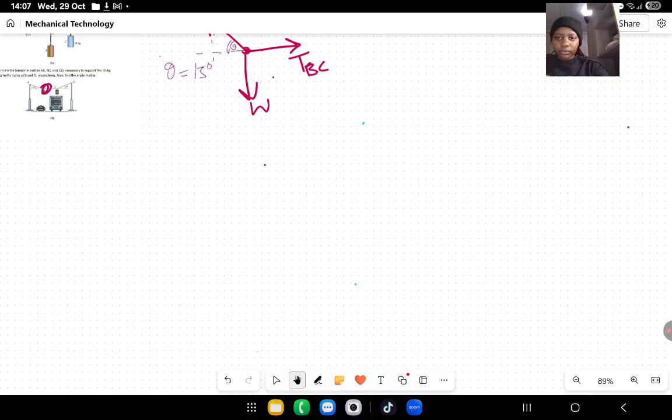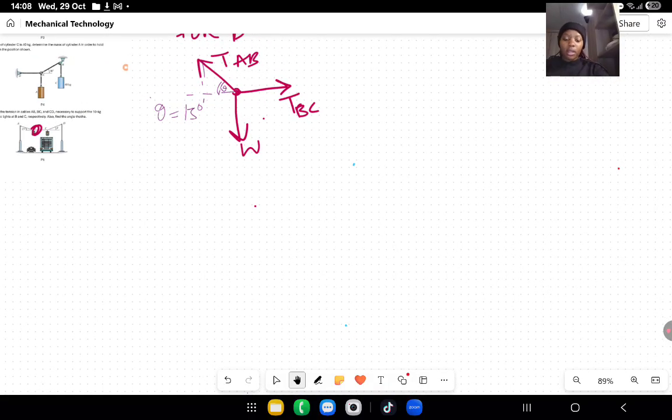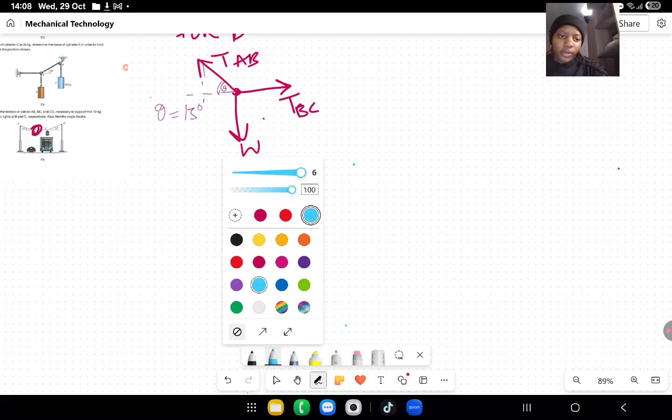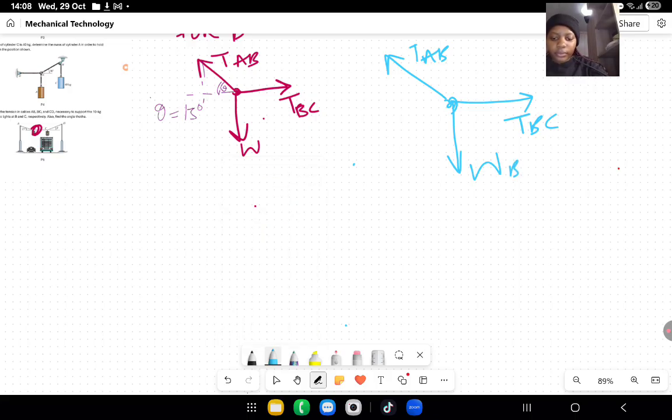The free body diagram for B goes down, then this side AB, then BC, then our weight at B.